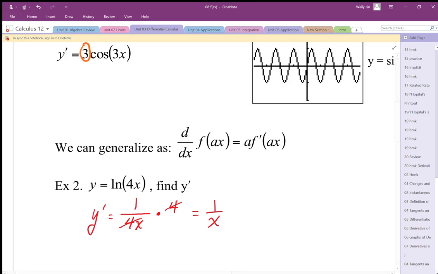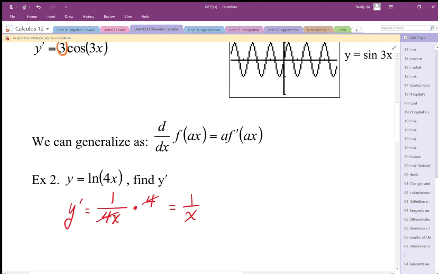If you recall from the logs though, we can actually justify why this horizontal compression just seems to cancel out. It's because if we use some log properties, we can split off that log property first, and then as we differentiate, that's going to differentiate to 1 over x, and that's going to differentiate to 0.